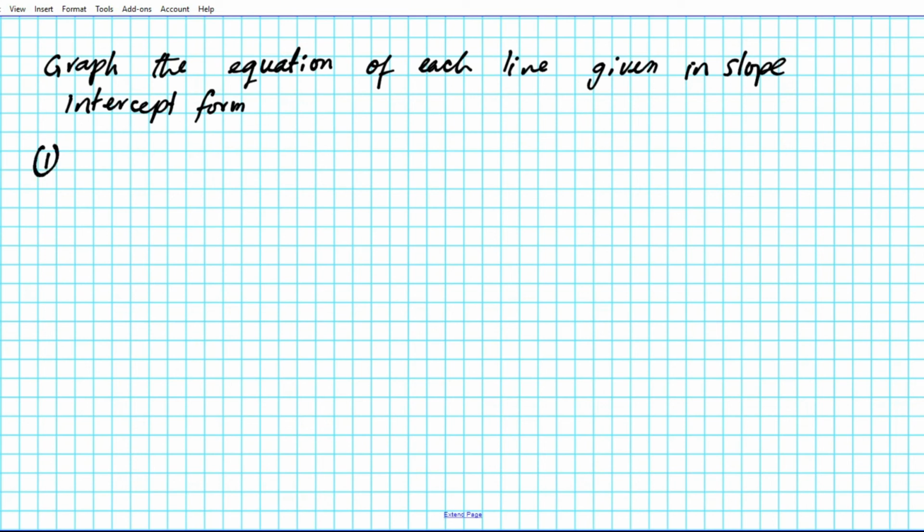Alright, so question 1. What if you have the line y equals 1/2 x minus 4? Number 2, y equals negative 1/5 x minus 3.